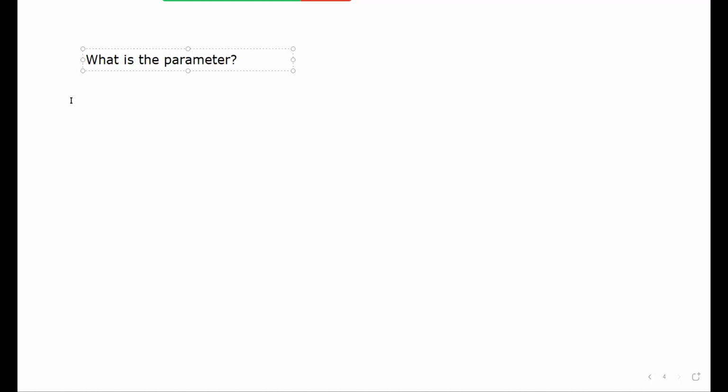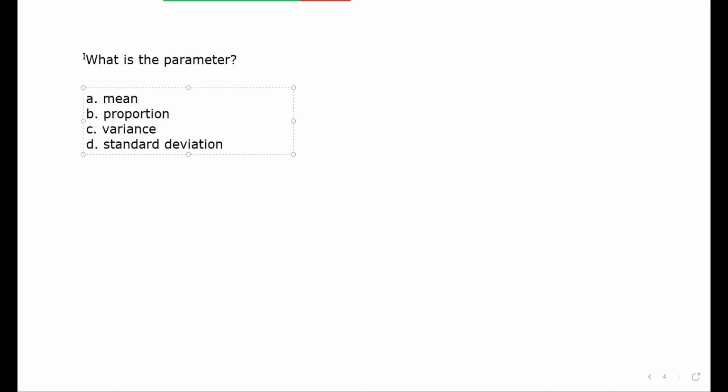The answer to this question, think of it as a multiple choice question without A, B, C, D. It's gonna be a mean. It's gonna be a proportion. It's gonna be a variance. Or it's gonna be a standard deviation, but it's not gonna be the word, it's gonna be the symbol, okay?